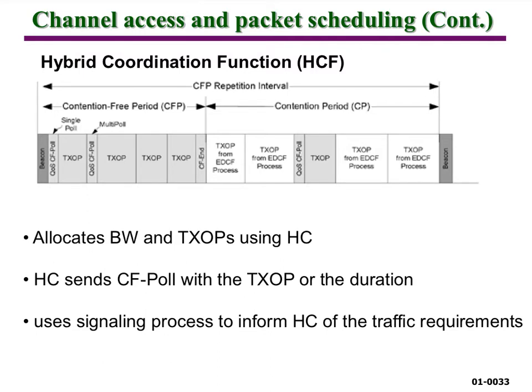PIFS here is the PCF interframe spacing. And we said that this is usually less than DIFS, which means that during this contention, the hybrid coordinator will have higher priority to send a poll message to gain access to the medium for 1 or 2 traffic opportunities during the contention period.